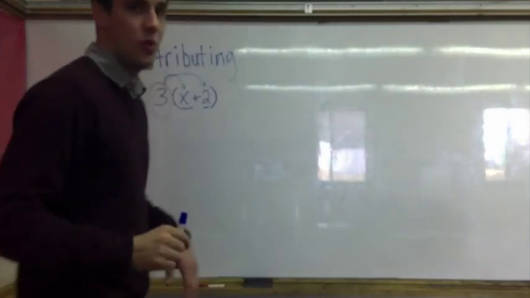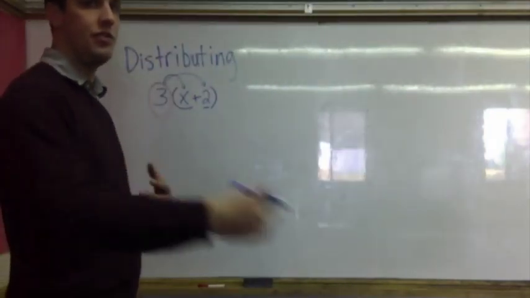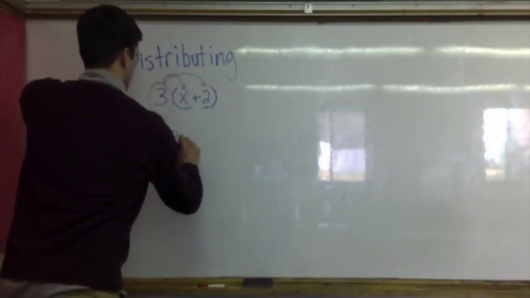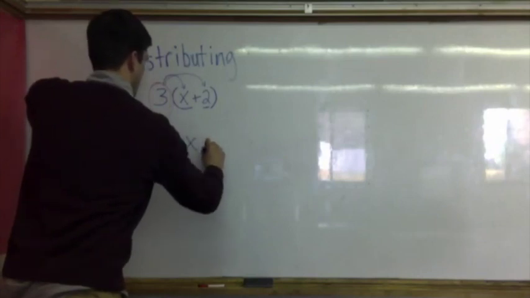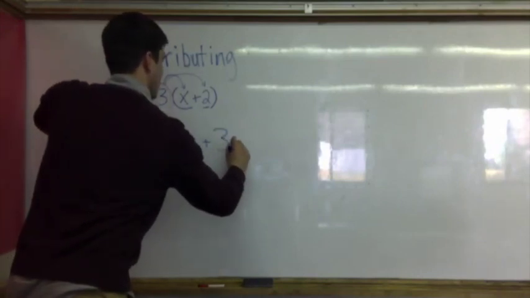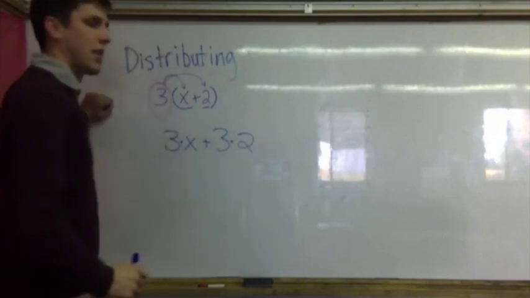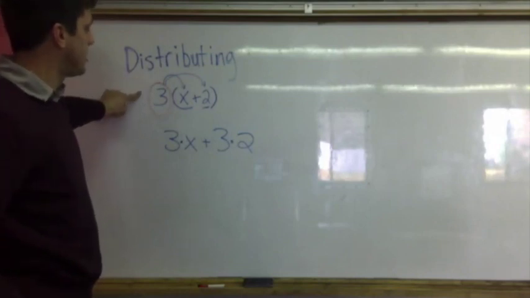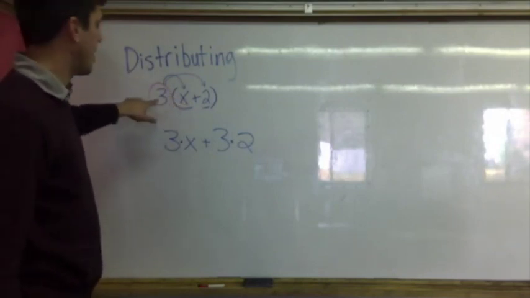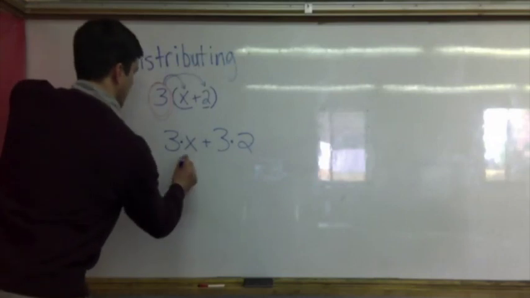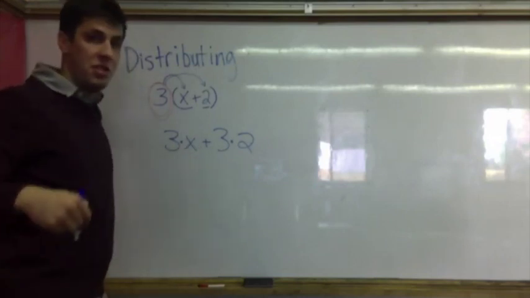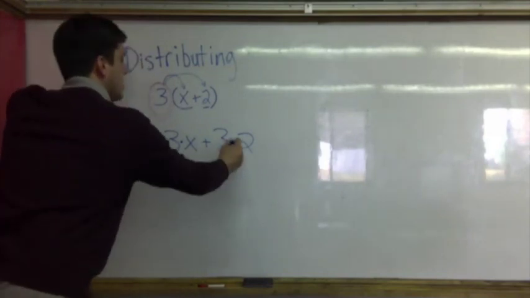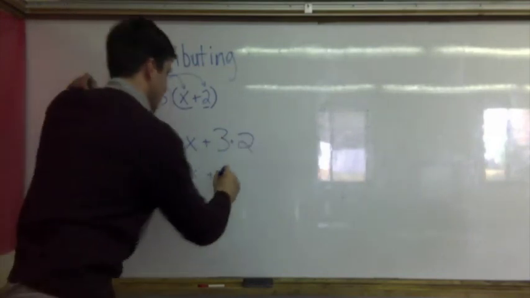So let's write this out after we've done the multiplication with distributing. I just wrote out exactly what I did up here. First I multiplied 3 by x, then I multiplied 3 by 2. 3 times x is going to be 3x. 3 times 2 is going to be 6.